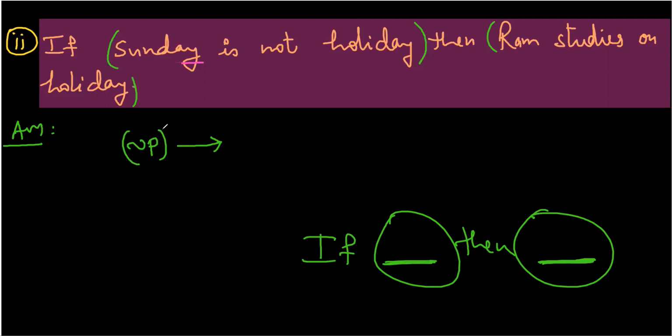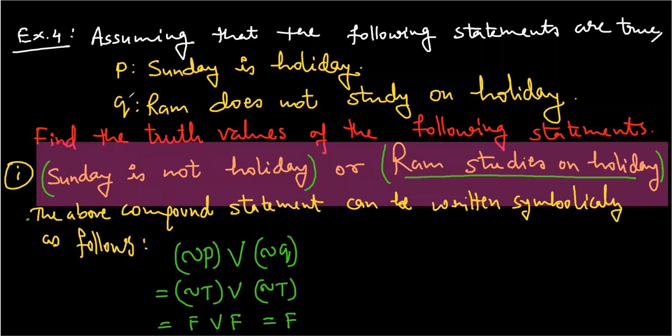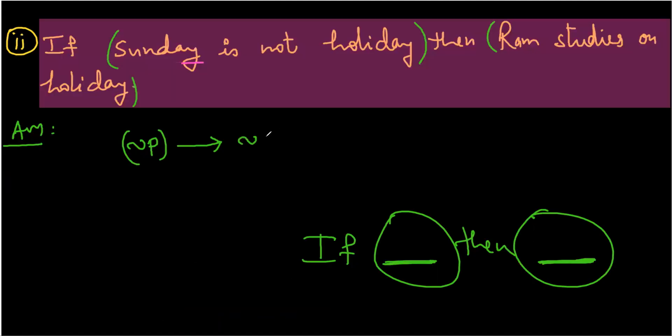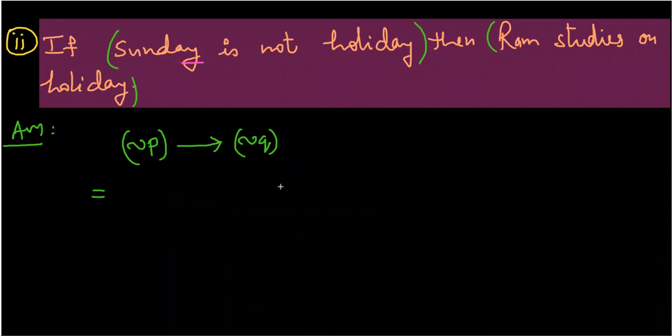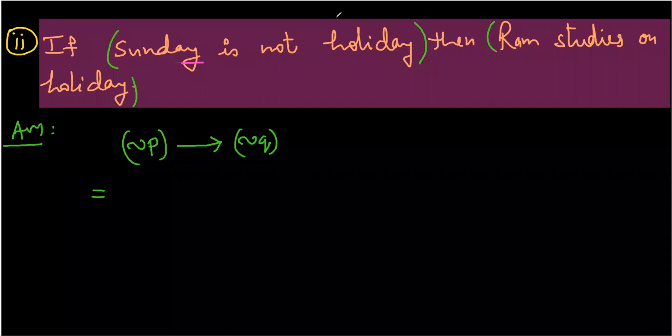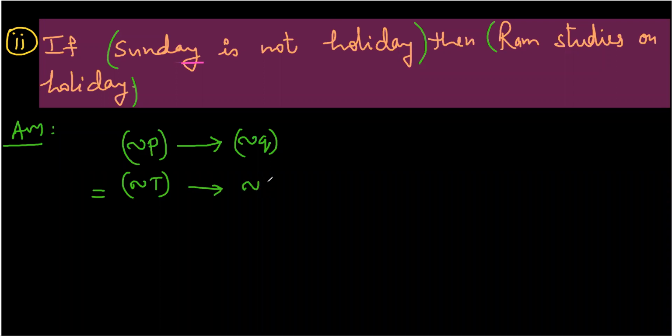Students, Ram does not study on holiday is Q. So if Ram studies on holiday, it is negation of Q. Now I write the truth values as I was given. So here, what would I get? I will get here negation of true implies negation of true. Negation of true is false, implies false.